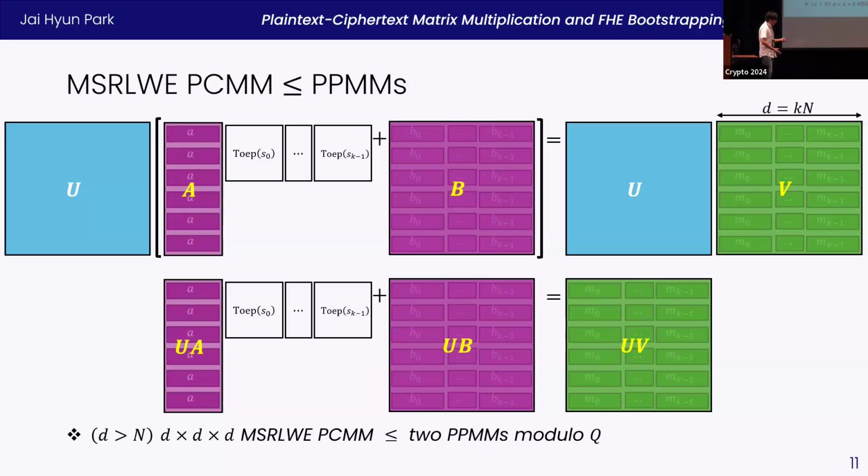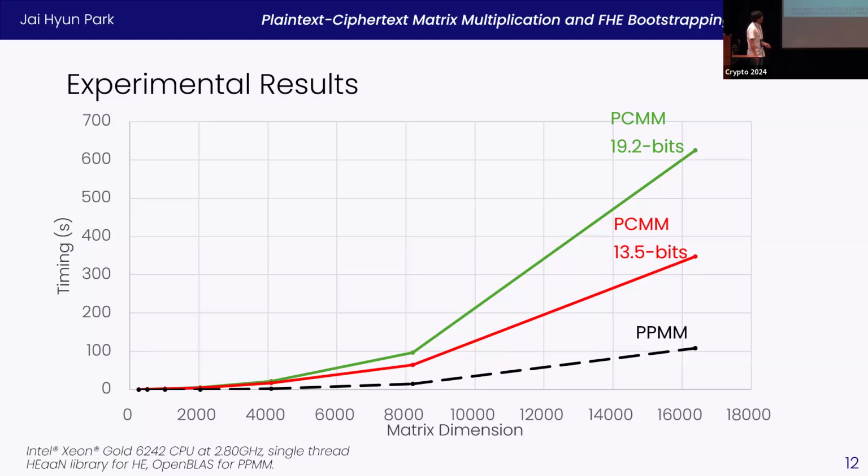I want to highlight that as the size of A is much smaller than the size of V, PPMM UA is much easier than PPMM UV. So this means that with the multi-secret ring LWE, PCMM can be done more easily than two PPMMs of the same size.